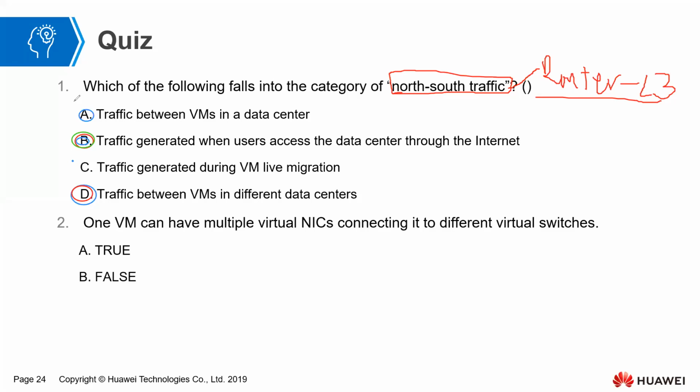So it does not necessarily mean that whenever there's traffic between virtual machines in a data center, it is north-south traffic. That is wrong. Like you already saw, a physical machine can have two virtual machines in a data center, and these virtual machines are communicating. Is that north-south traffic? No. So already, that answer is out of our options.